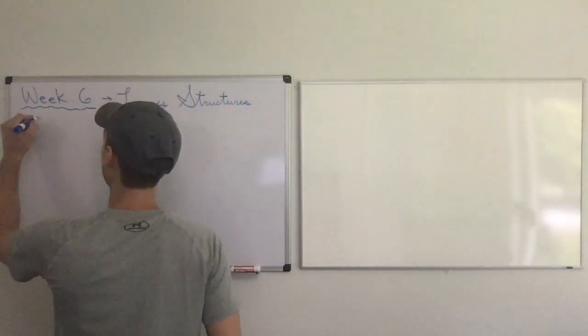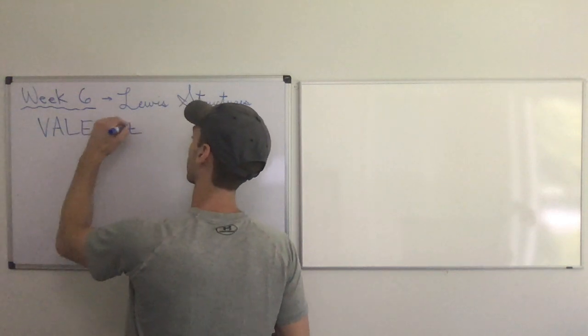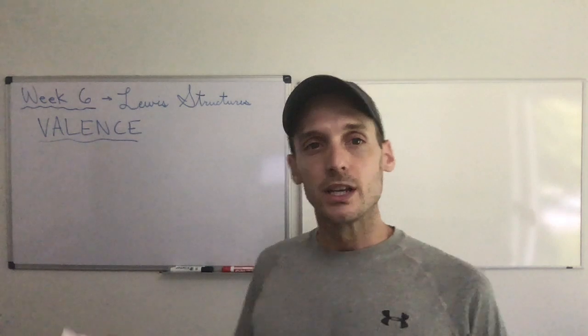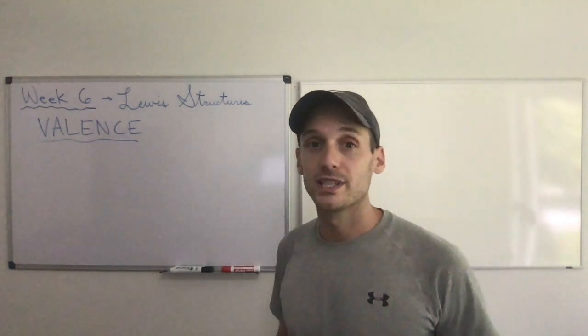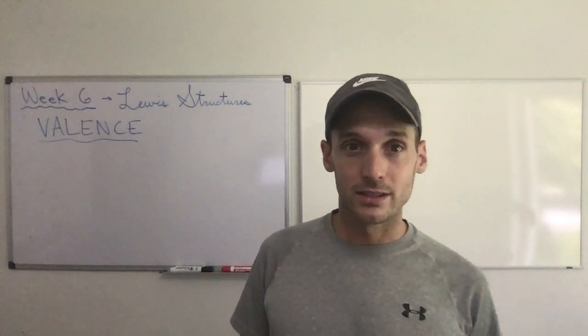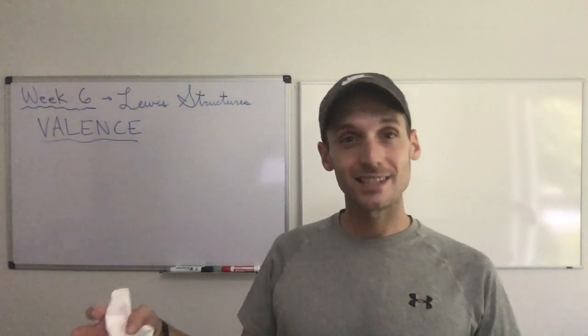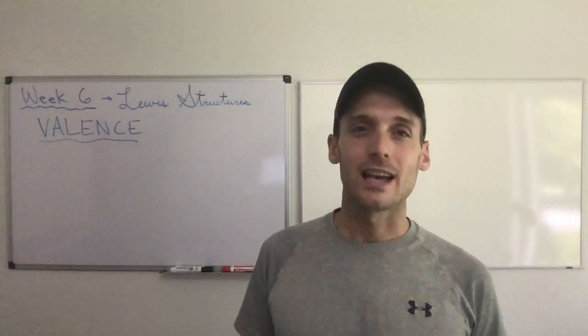Okay, so valence electrons are really important, not only for Lewis structures, but just in general. The number of valence electrons represents how many electrons in an atom are located on the highest occupied energy level of that atom.